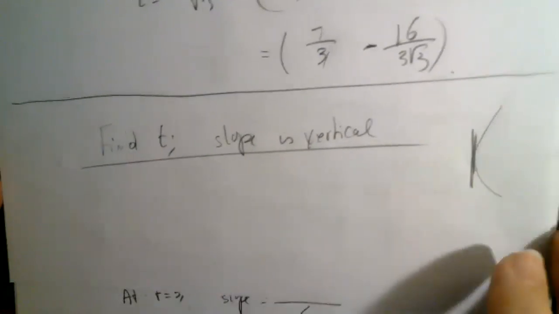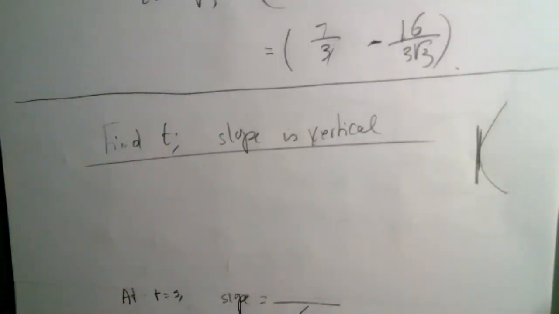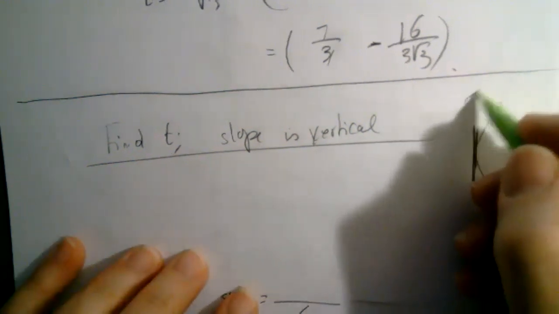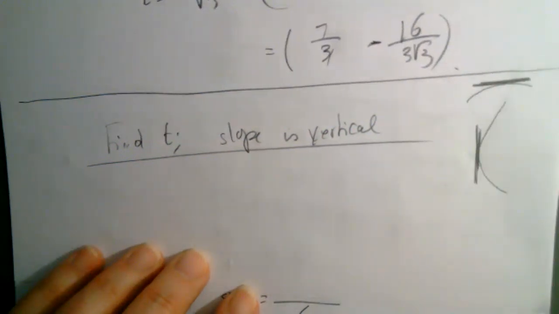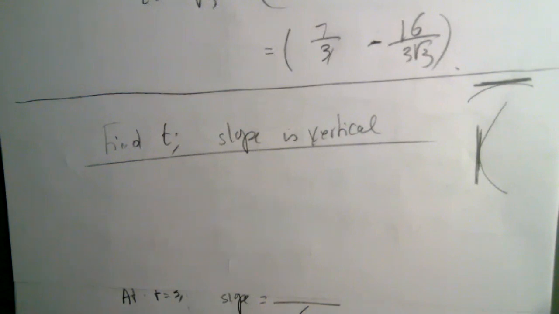Horizontal means like this, basically y doesn't change. Vertical, any input. I will accept any input you have.